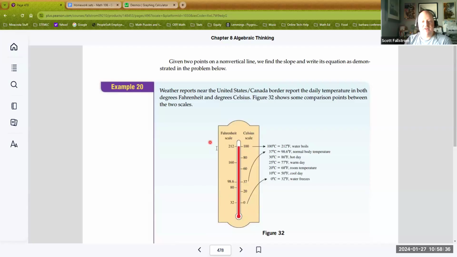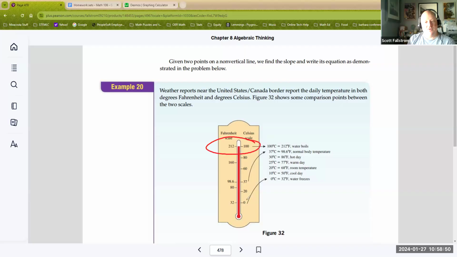Being able to convert things between Fahrenheit and Celsius. I know that I've struggled with that in the past, but if I know just a couple of good key points, I actually can use that to create an equation. So I'm going to use the top points and I'm going to use the bottom points.